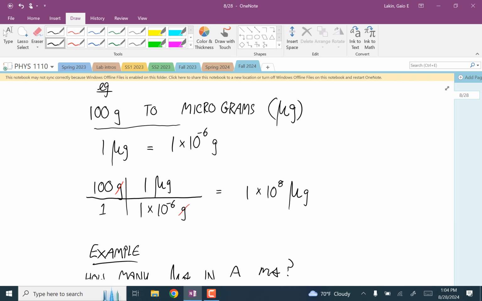Everyone with me on that? Do you guys remember those exponent rules at all?